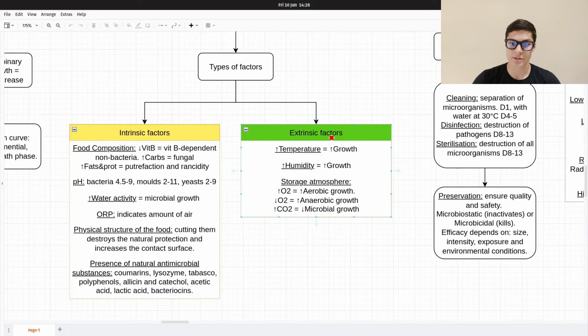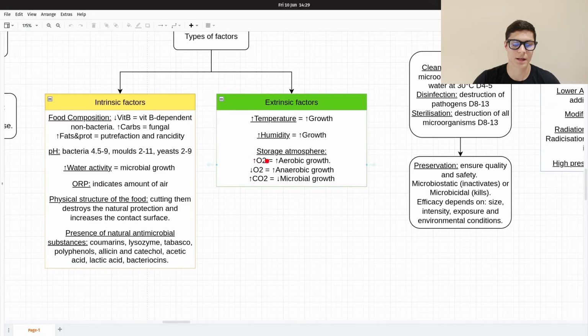Moving on, we have extrinsic factors such as temperature. Well, if we have high temperatures, probably high growth, same as humidity. And then in the storage atmosphere, we talk about percentage of oxygen. As I said before, this is inside the food, the amount of air inside the food, this is around the food.